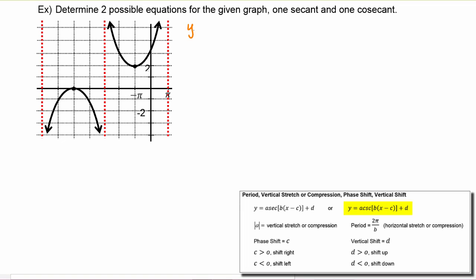So we have y is equal to a times the cosecant of the quantity b times x minus c plus d. And then for the secant, we'll have y equals a times the secant of the quantity b times x minus c plus d.